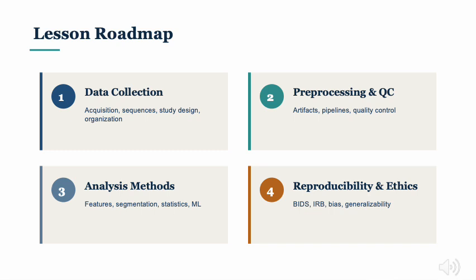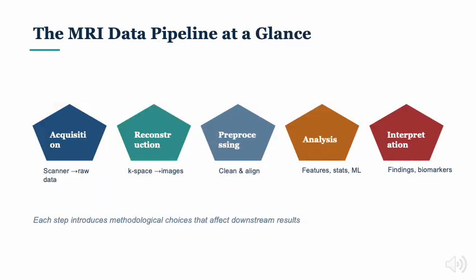Third, analysis methods, which constitutes features, segmentation, statistics, and machine learning. And the fourth part is reproducibility and ethics, and it includes standards like BIDS, the role of the IRB, bias, and generalizability.